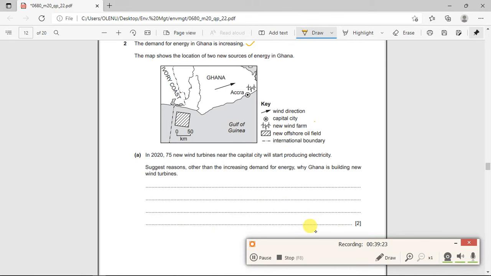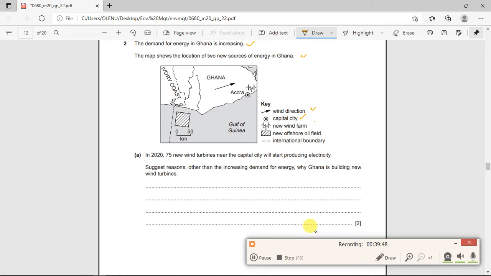Now, the map shows the location of 2 new sources of energy in Ghana. This is the map. Always go to your key to interpret it. So this is the wind direction and the capital city Accra. We have new wind farms, and we have a new offshore oil field. This is an offshore oil field and international boundary.